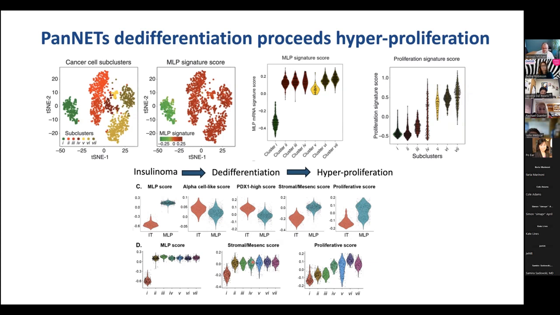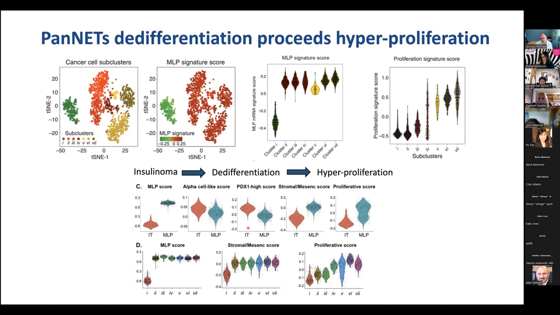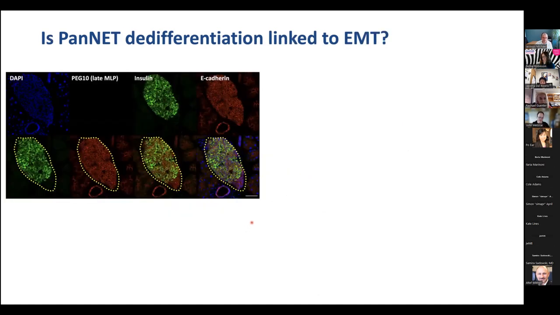Now, EMT is very interesting. It's been implicated in cancer. So we want to understand the relationship between plasticity, dedifferentiation, and EMT. And this is something you can probably only do with mouse models. So we went back to the mouse model, and we went very early, at the stage when we know this dedifferentiation and switch happens.